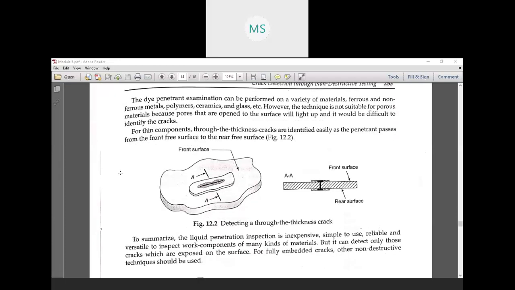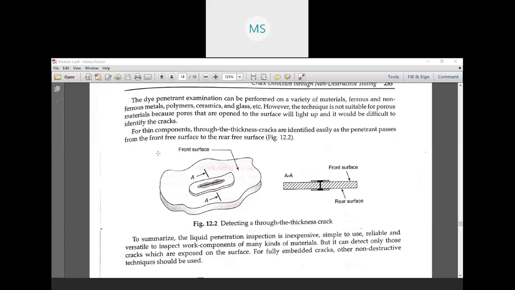Now you can see on the screen that dye penetrant examination can be performed on a variety of materials: ferrous and non-ferrous metals, polymers, ceramics and glasses.